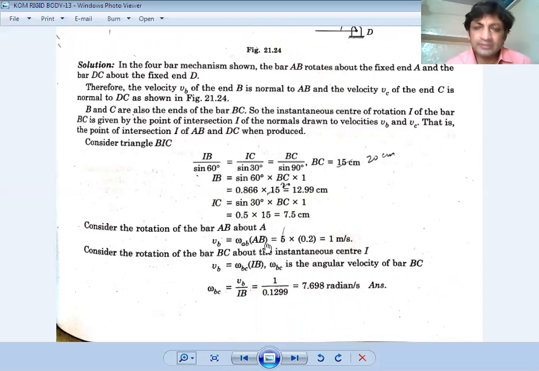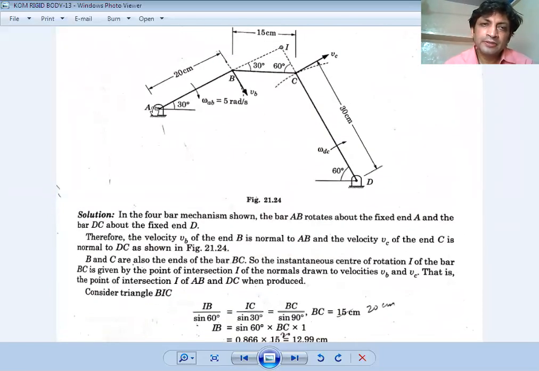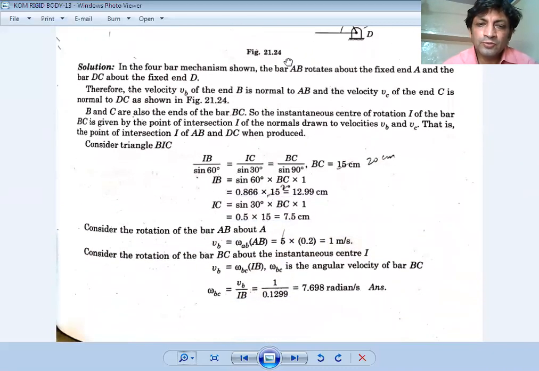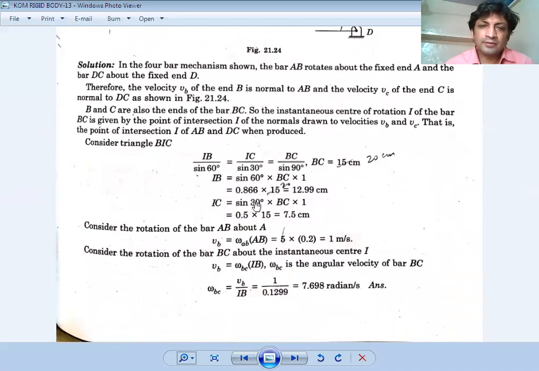AB is the radius, 20 centimeters, so it is 0.2 meter, multiplied by omega AB, which is given as 5 radian per second. As the formula says, V is equal to R omega. So R is 0.2 and omega is 5, and VB is equal to 1 meter per second.